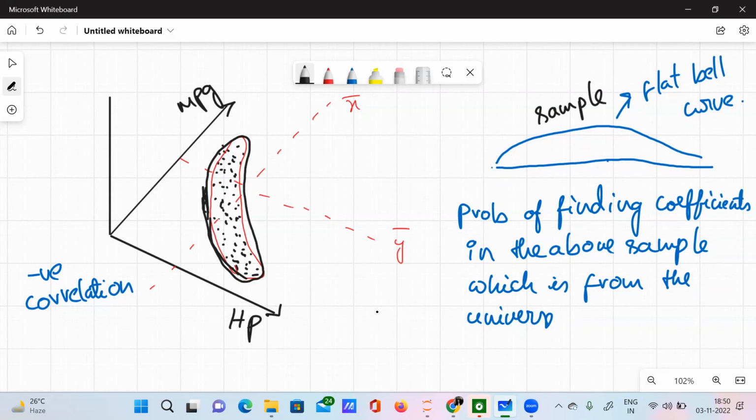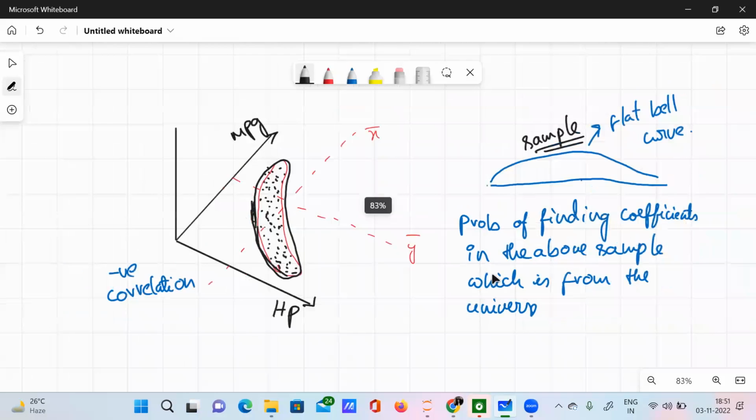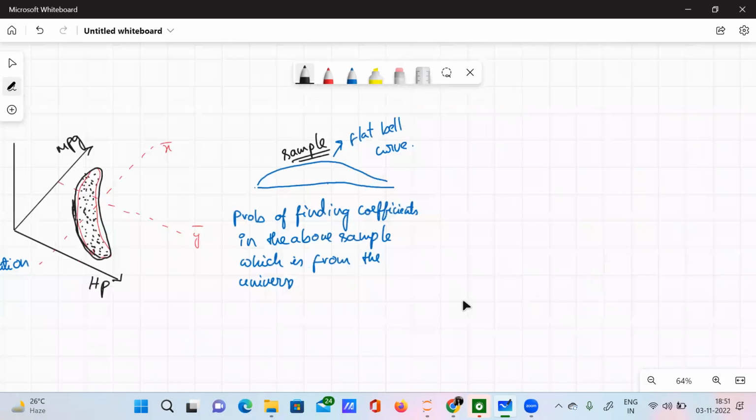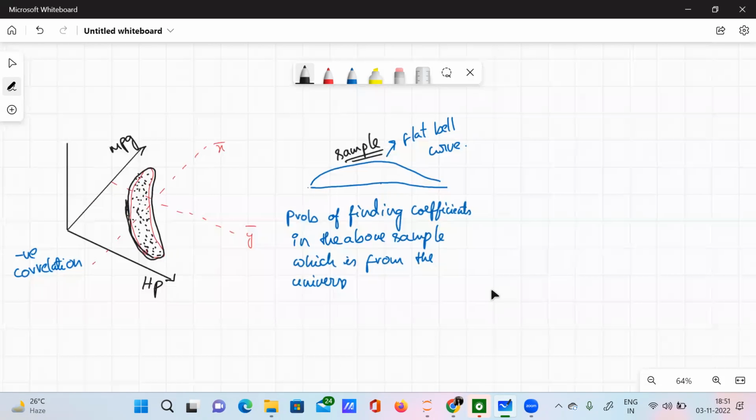This is the shape which I have drawn separately. So this is nothing but our sample data. And where is our population data? When you ask this question, our population data would be here somewhere. So this is our population data, nothing but the universe data. We can also call it the universe.